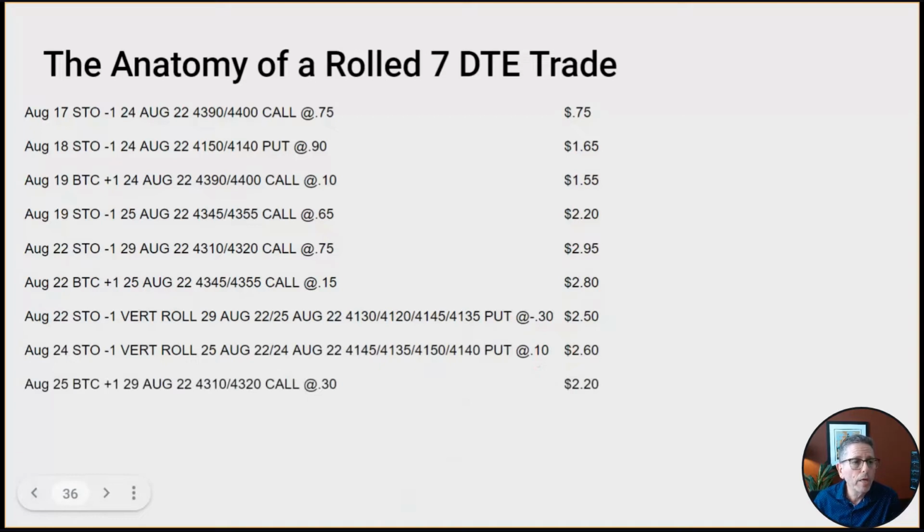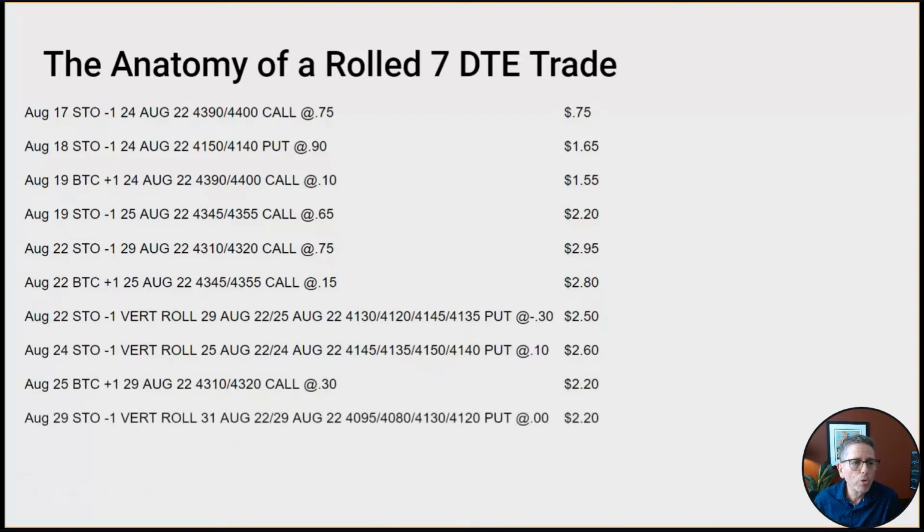Then I closed the call spread for 30 cents, and then rolled the threatened trade for 0. And now I have this position here, and it's still at 70 cents. But during that whole time, I collected $2.20 on that trade using the call spread and the put spread.